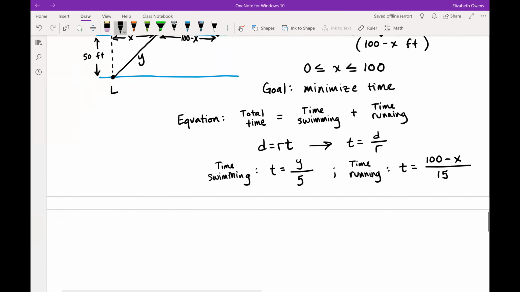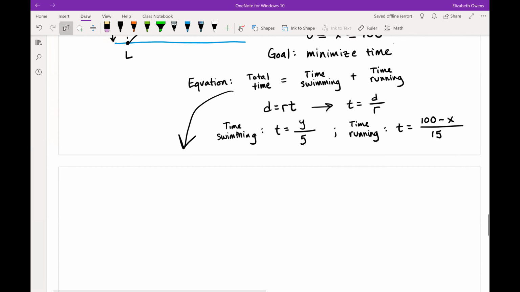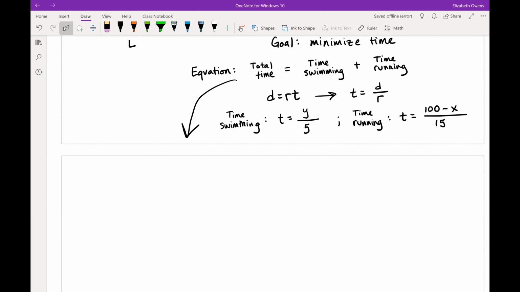So for our total time here, we're going to have a full equation that combines both of those. I'm going to call it big T for total time. It's going to equal time swimming, which is y over 5, plus our time running, which is 100 minus x over 15.